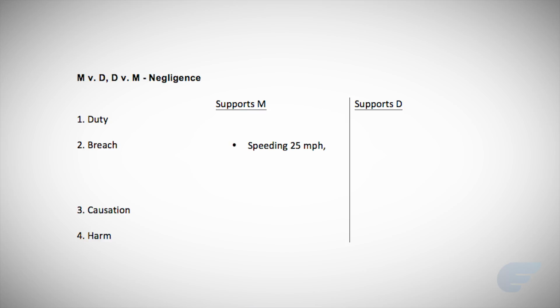But this might not be just any old road. This is a road that is 25 miles per hour. Now, common experience tells us, what kind of roads are 25 miles per hour? Well, residential roads. And we see some other facts that support that idea. There are children playing. The speed limit is 25 miles per hour.